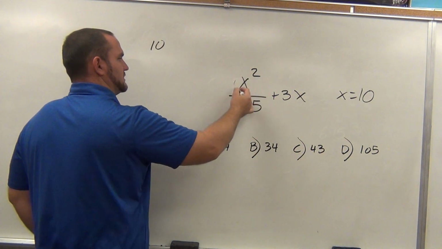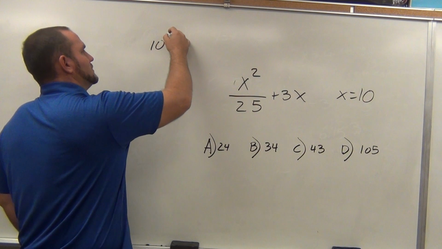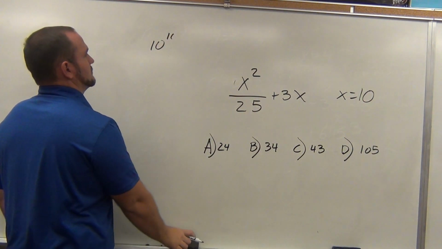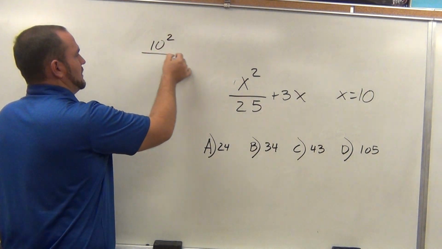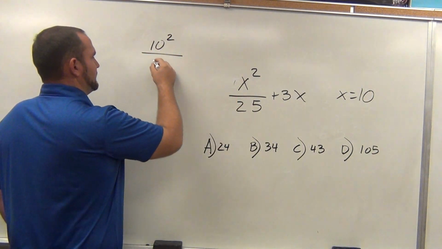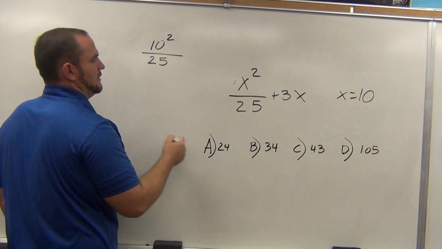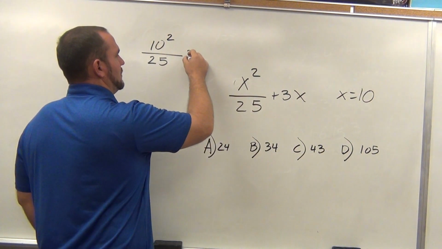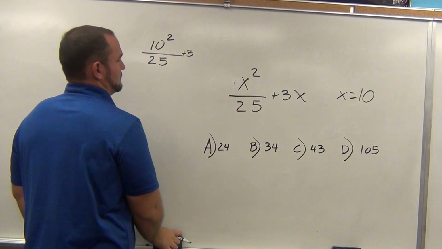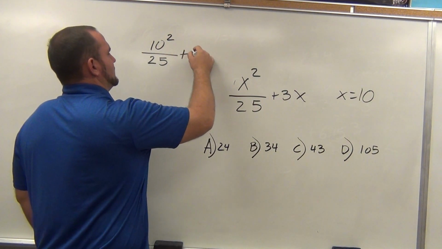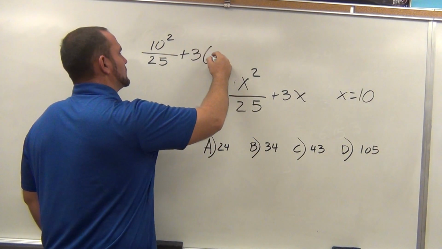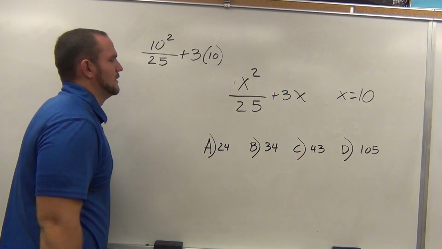So my first one would be 10 squared, not 10 to the 10th power, 10 squared over 25 plus 3 times 10.